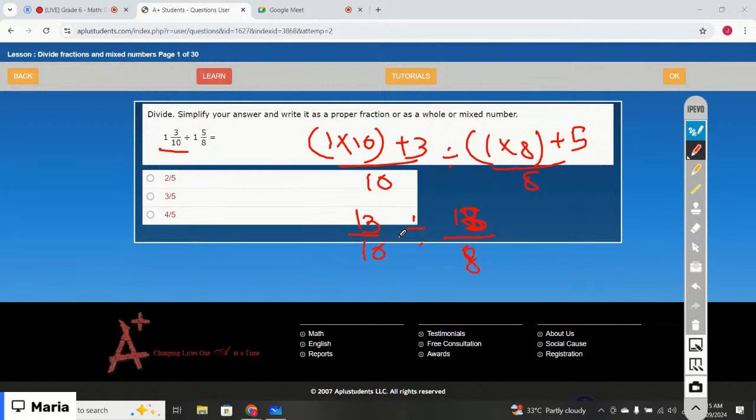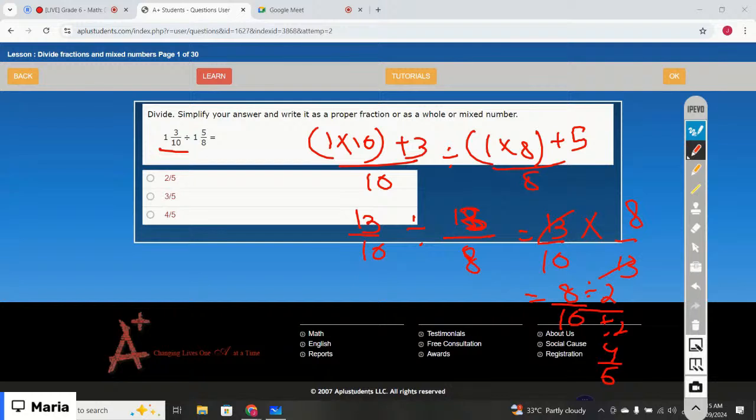So let's just now convert this division sign to multiplication. So that is 13 by 10 multiplied by 8 over 13. 13 and 13 cancel out. You are left with 8 over 10. Divide them by the common number 2, that is 4 over 5.